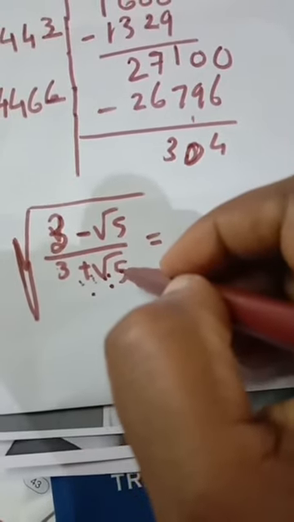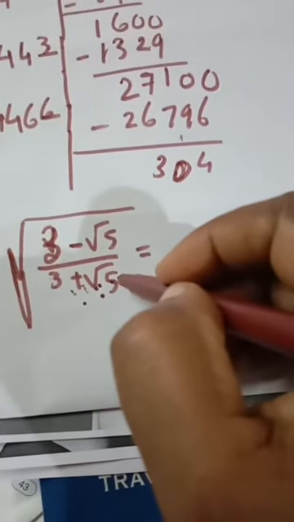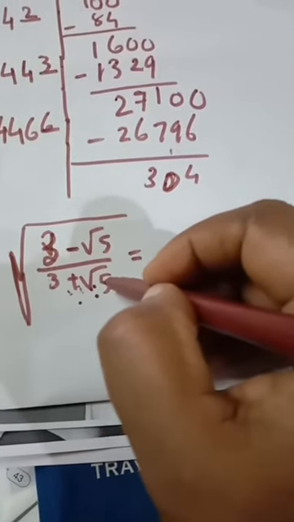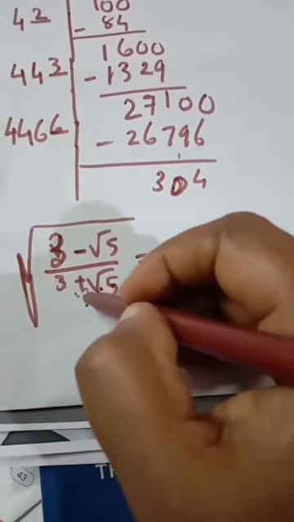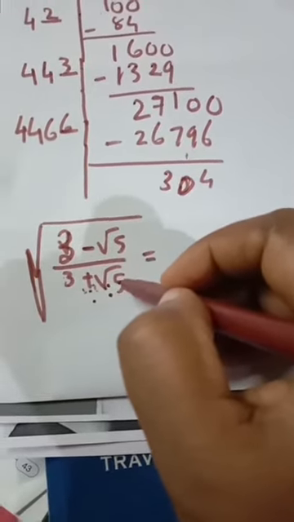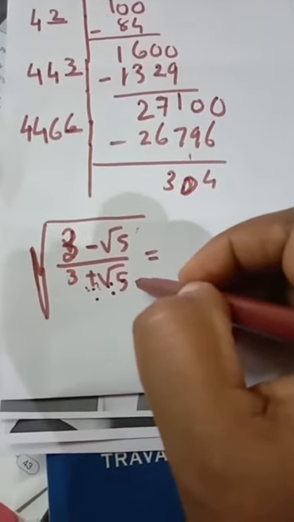How to rationalize the denominator 3 plus root 5? Because root 5 is an irrational number. So 3 plus root 5, just take the opposite sign here. 3 plus becomes 3 minus root 5. Now multiply both numerator and denominator by 3 minus root 5.